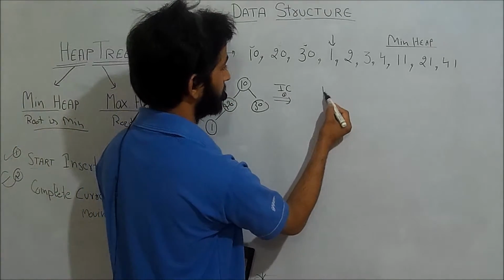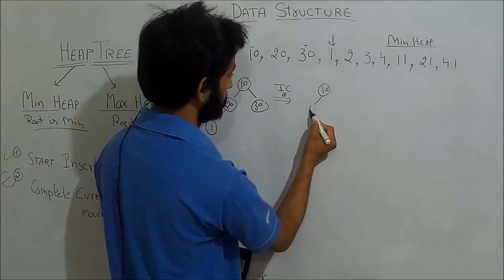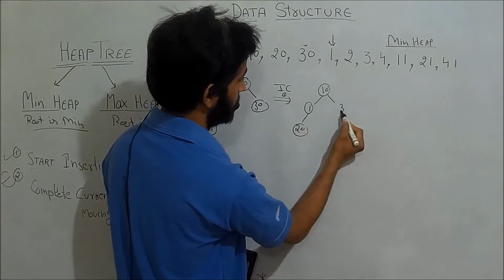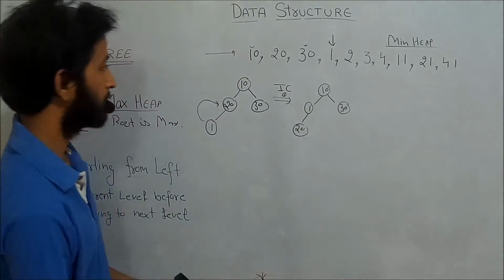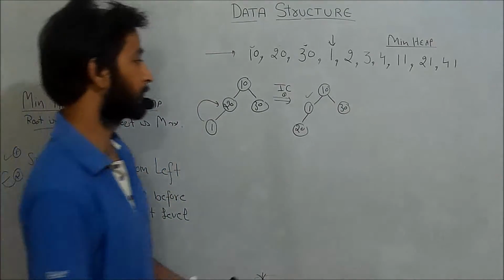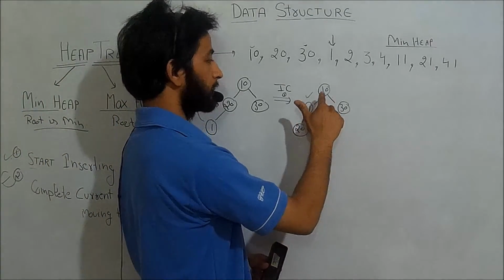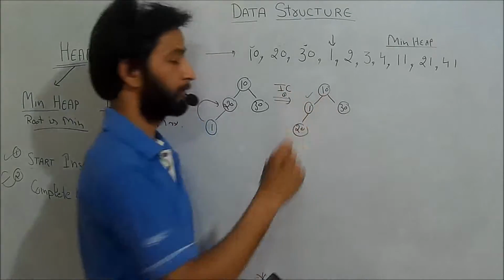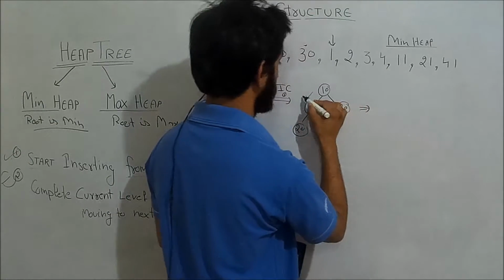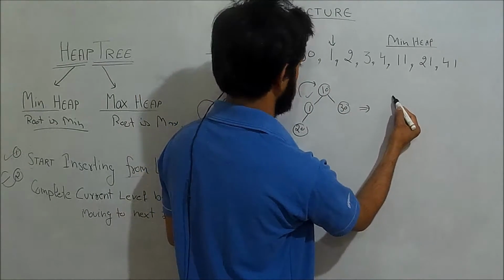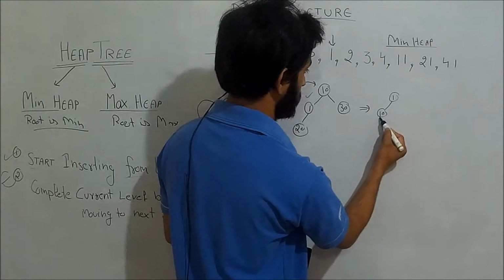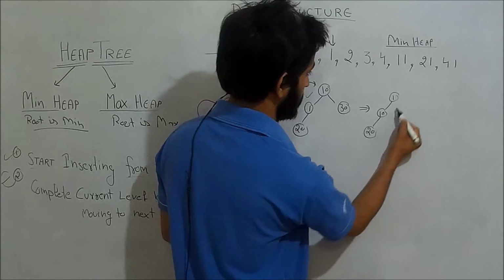So the resultant tree will become 10, 1, 20 and 30. Now it is okay, but at this point still one interchange is possible because 1 should be less than 10, so the position of 1 should be up to here. So let us perform that interchange. After performing the interchange, the elements will be like this.